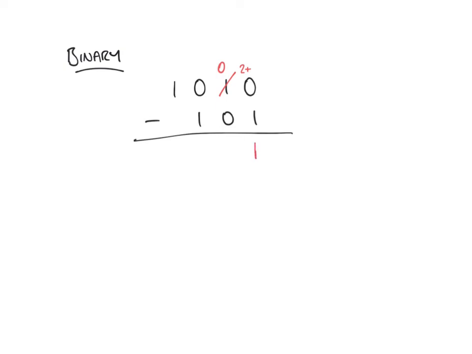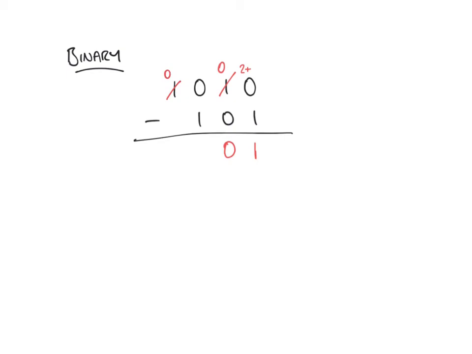In the next column now, we've borrowed the 1s. We've got 0 minus 0. Well, 0 minus 0 gives us 0. And in the third column, again, we have this problem of 0 minus 1. And so we have to borrow again from the next column. And so 1 becomes 0.